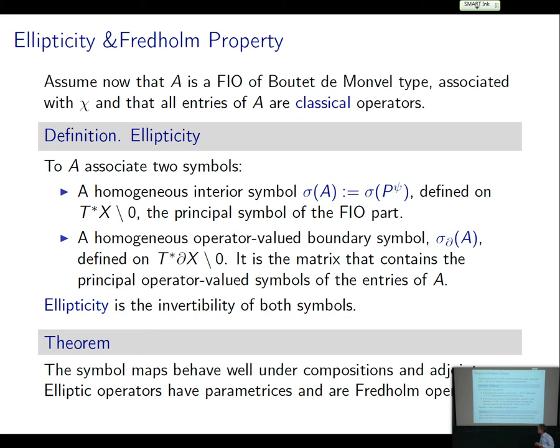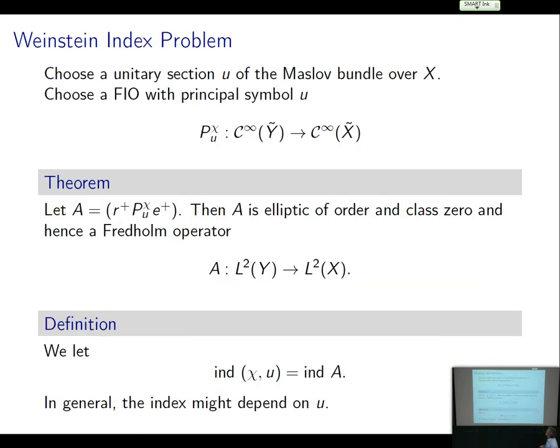Okay, and as usual, ellipticity is just defined as the invertibility of both symbols. That's as in the standard case. The symbol maps behave well under compositions and adjoints, so it makes sense to use them. And if you have an elliptic operator, then you can construct a parametrix. And once you have parametrices, just by the mapping properties, you see that the elliptic operators are Fredholm operators. Good, fairly clear.